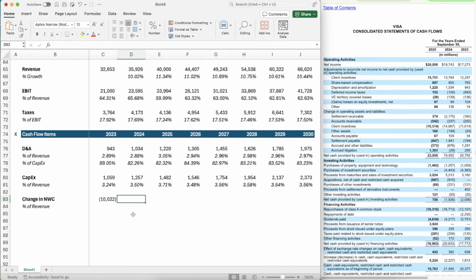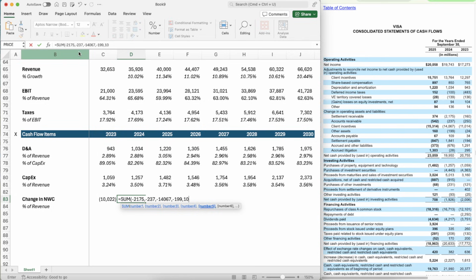Okay, equals sum minus 75, minus 27, minus 14,067, minus 199, 109, 1841, minus 676, minus 28.